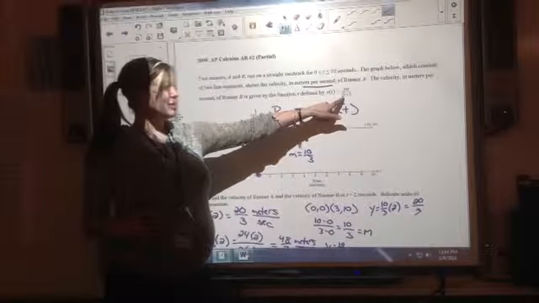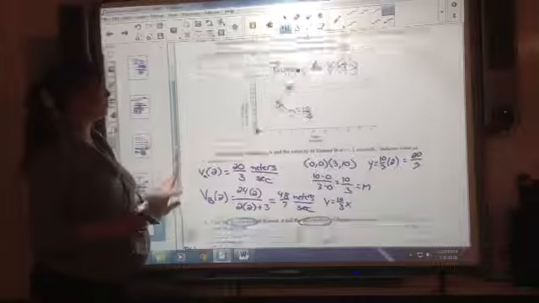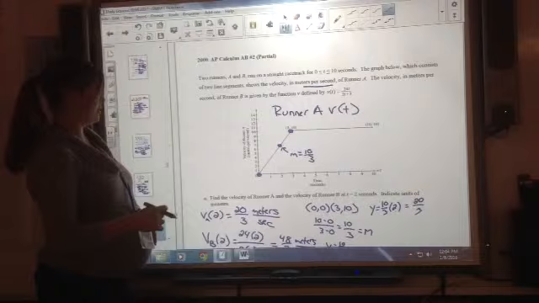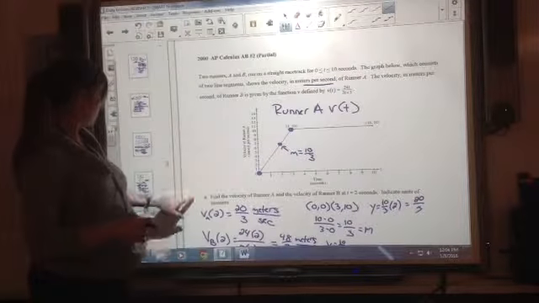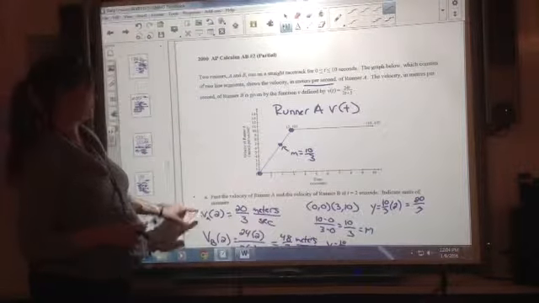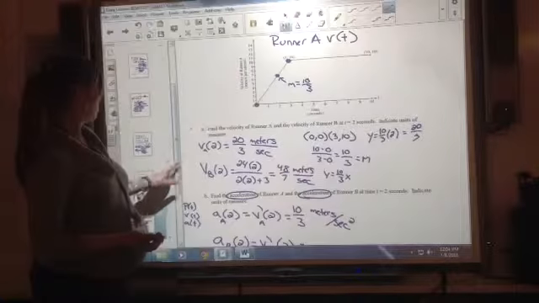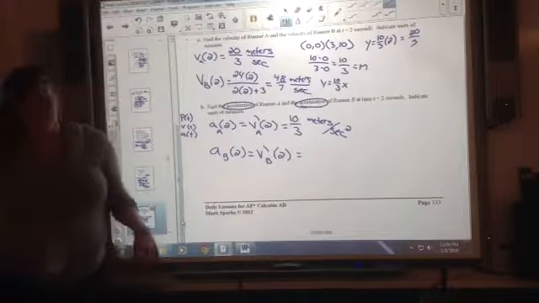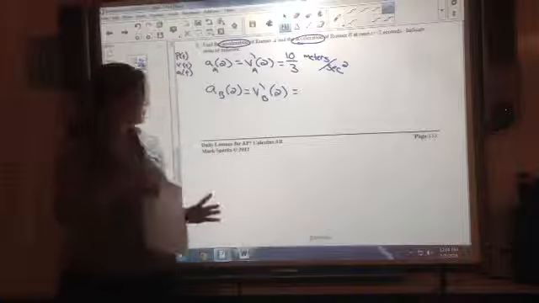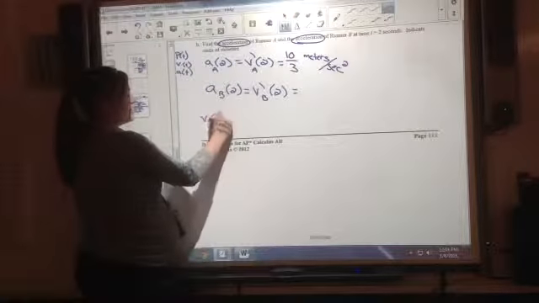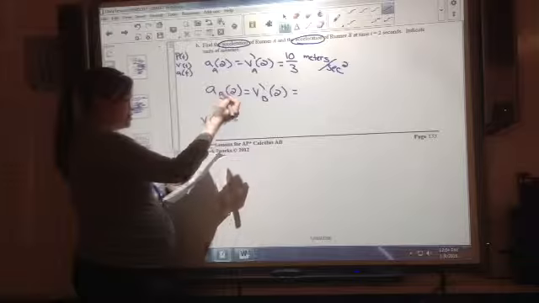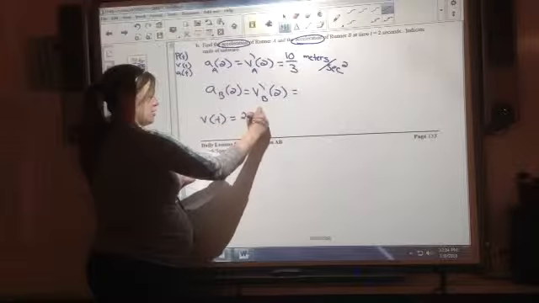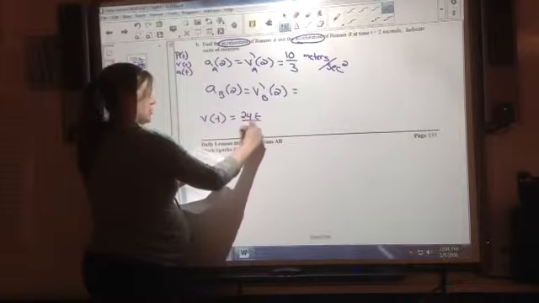I've got 24t over 2t plus 3. I'm going to write this here so I don't have to keep flipping up. So that second one, the velocity, was given by that function, 24t over 2t plus 3.